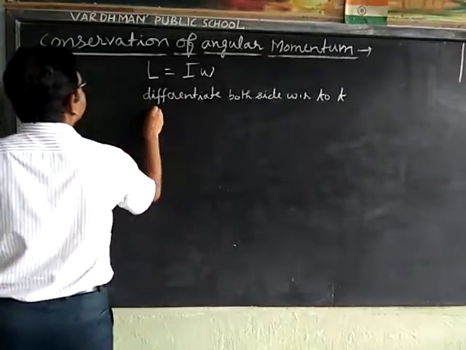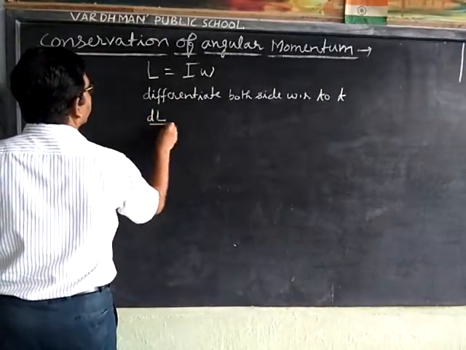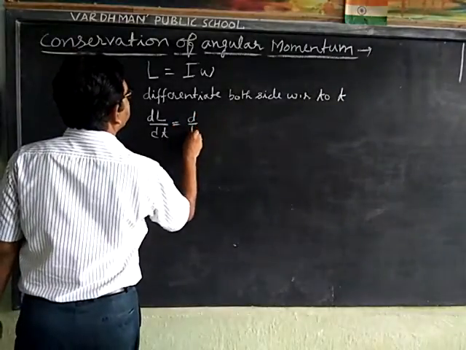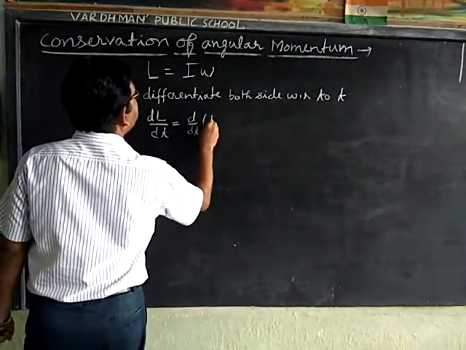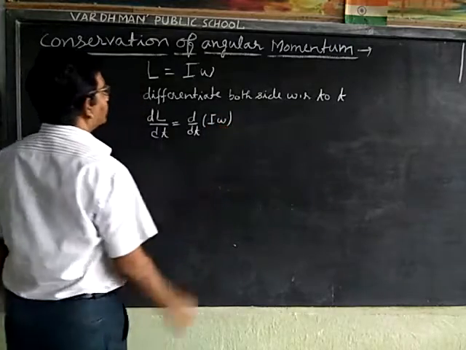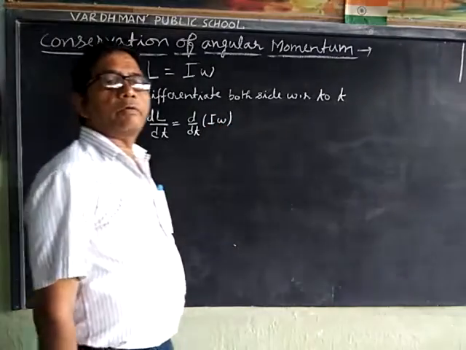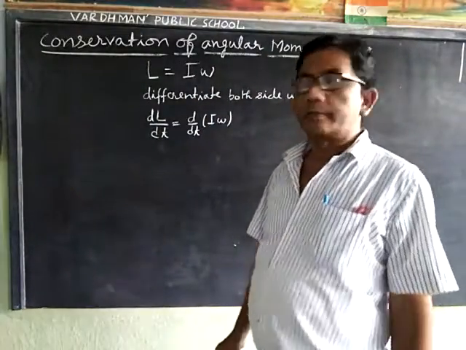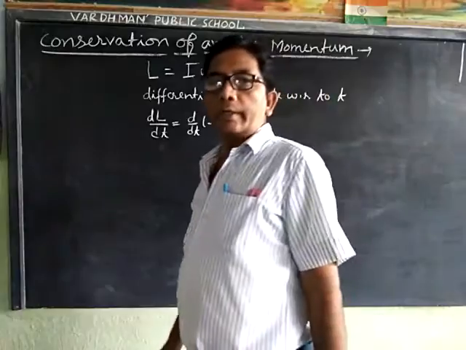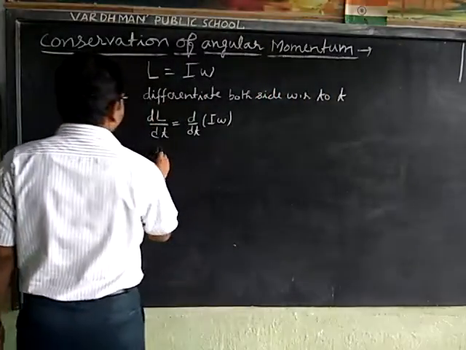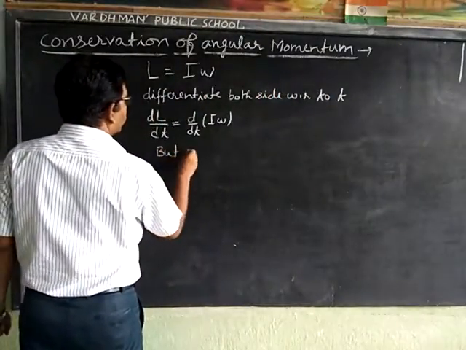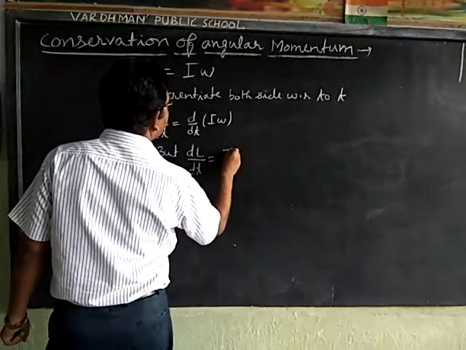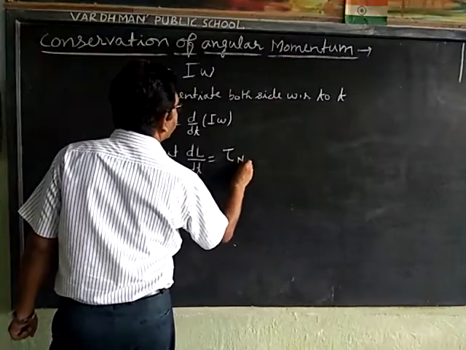Then we get dL upon dt is equal to d upon dt of I omega. Now dL upon dt is equal to the net torque.